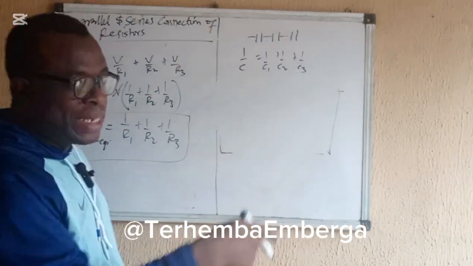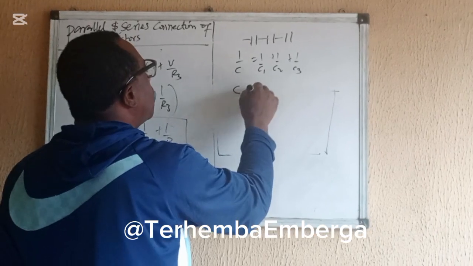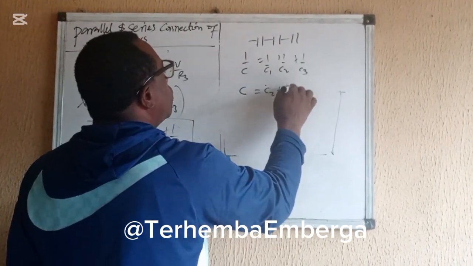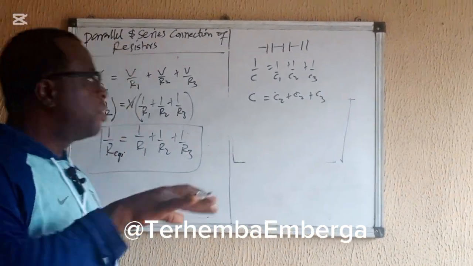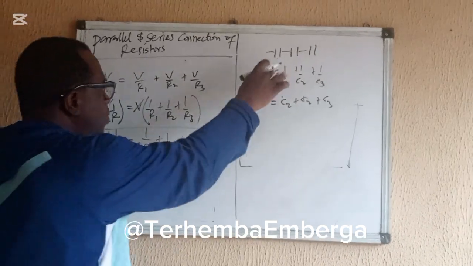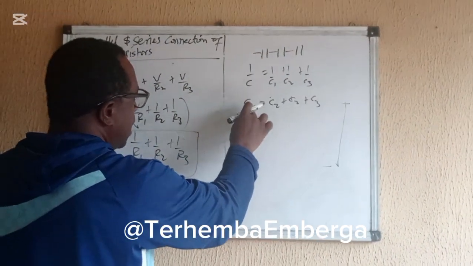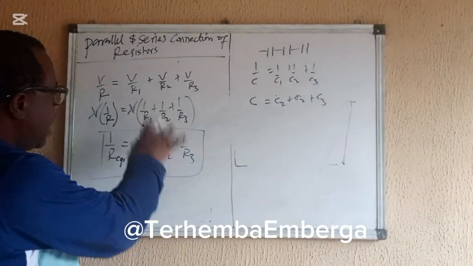But when they are connected in parallel, you have C equal to C1 plus C2 plus C3. So don't always confuse capacitors and resistors. Capacitors, when they are connected in series, this is the formula. When they are connected in parallel, this is the formula. So for resistors, these are the formulas.